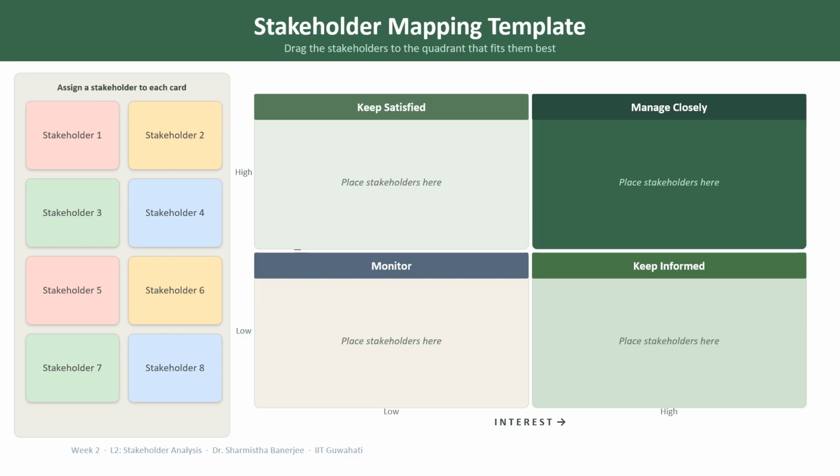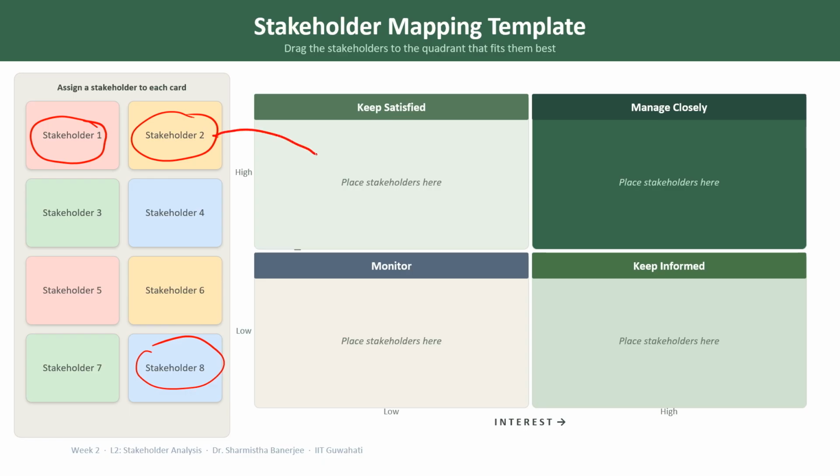Once you have this entire list, you can use this particular template to do your stakeholder mapping. So I will write down my stakeholders like stakeholder 1, stakeholder 2. So you will have to write down these names. So you can use this template wherein these are sticky notes, and then you will be putting them into this power and interest matrix.